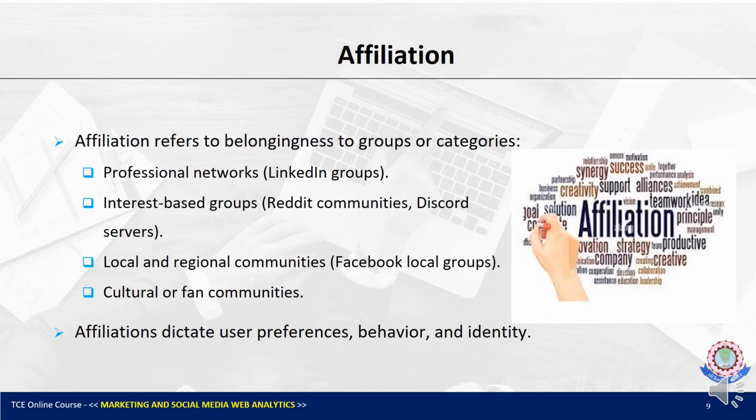Affiliation. Affiliation refers to the groups or identities users associate with. That is interest groups, local communities, fan clusters, or professional networks. A user's affiliation shapes everything from the content they consume to the products they trust.